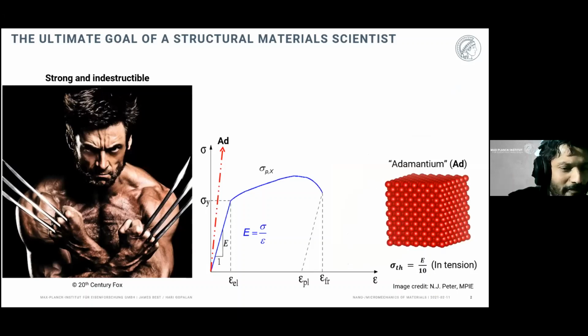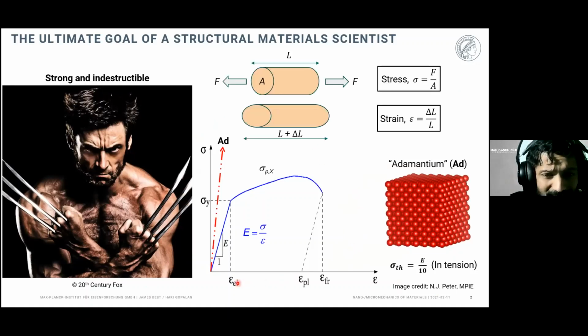Well, all of you understand what strong and indestructible means, but how do we quantify that in an engineering parlance? So maybe if you can point out, James, the next slide. And right, so we want to define the engineering equivalent of what strength and indestructibility means. So if you think of a simple rod of a metal and you apply a force on it, the material's response gives out a stress.